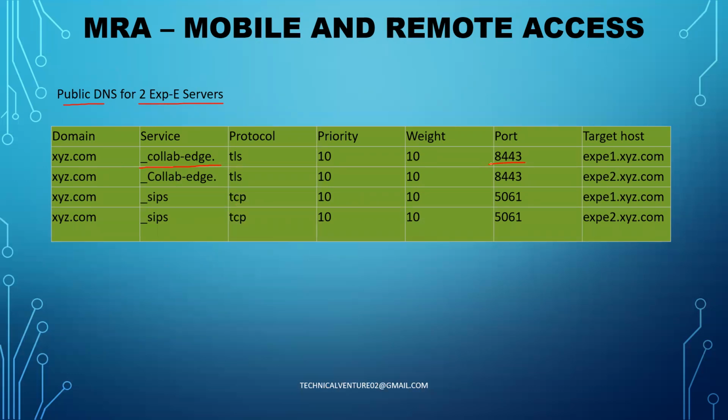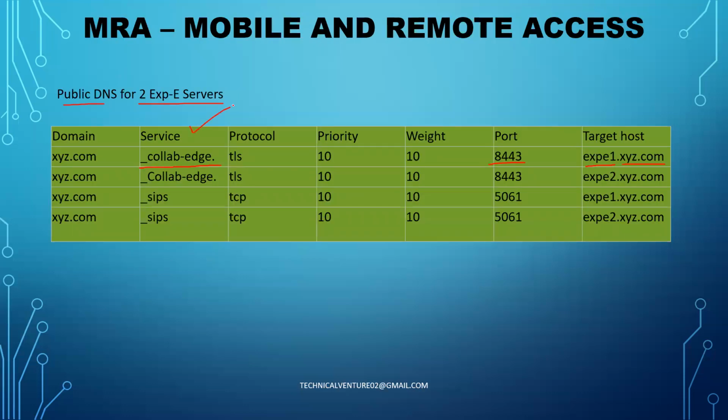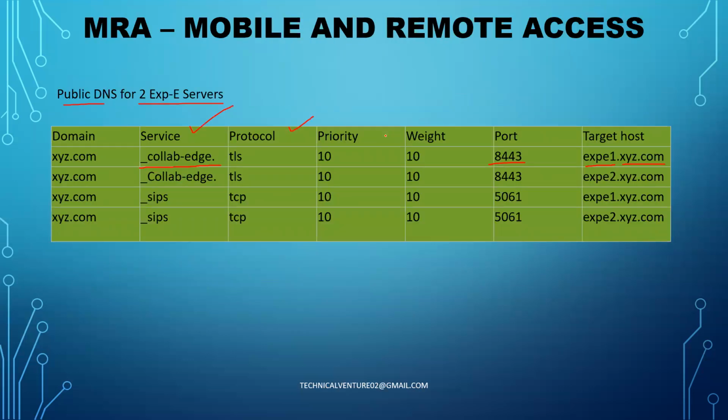And then the target host would be Expressway Edge 1, expe1.xyz.com. So the SRV record would combine this service and this protocol, that is the security: underscore collab-edge dot underscore tls dot xyz.com, and the target host is expe1.xyz.com. Let's suppose it's cisco.com.